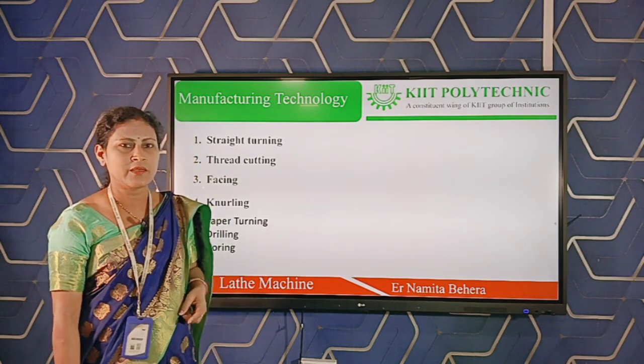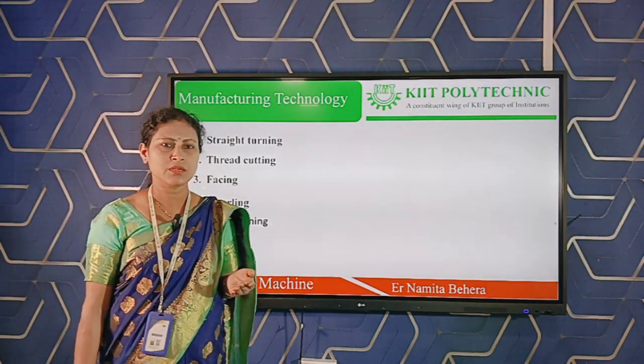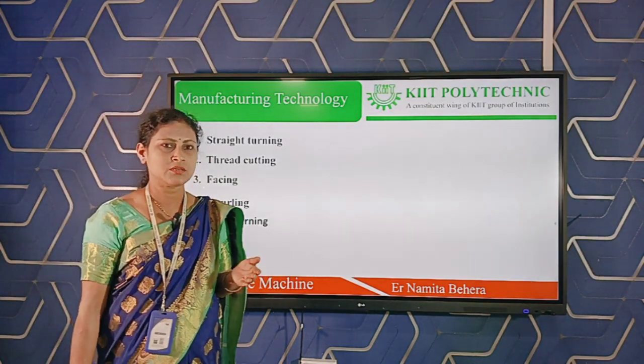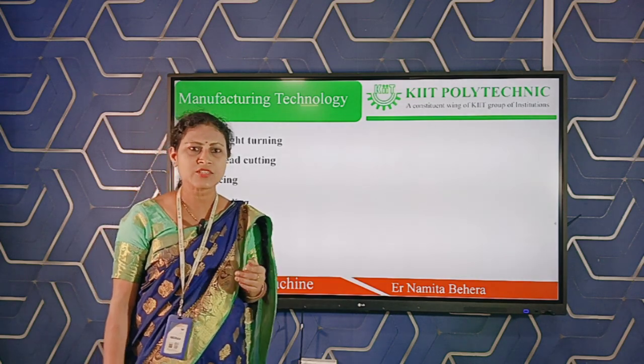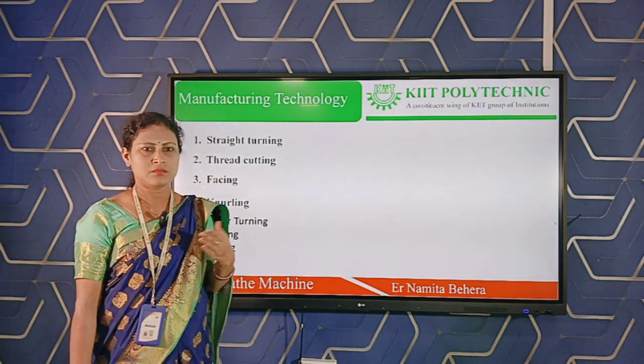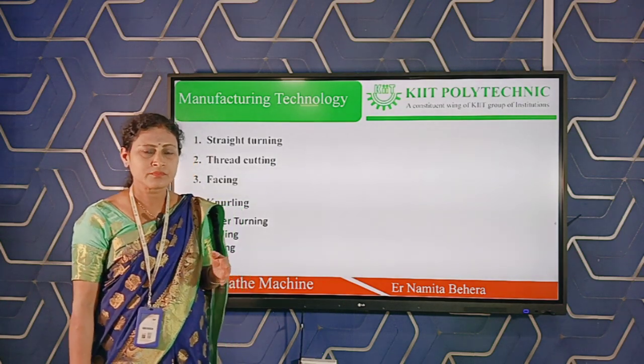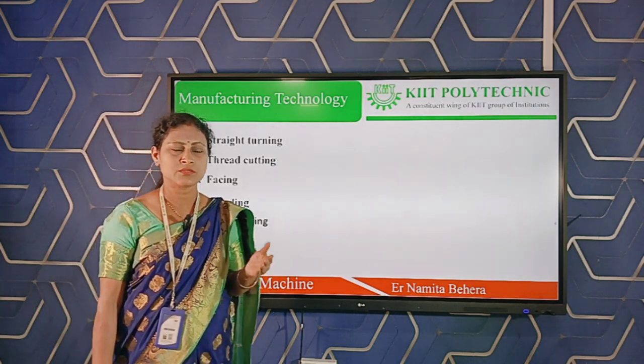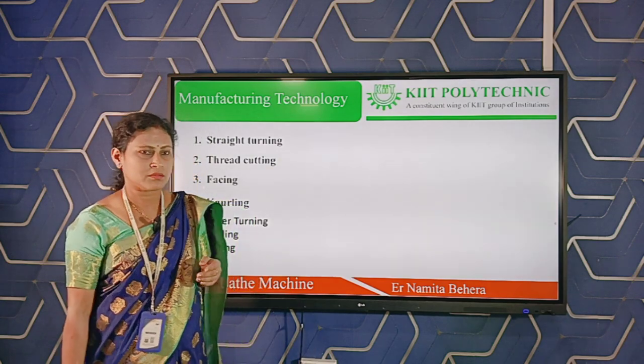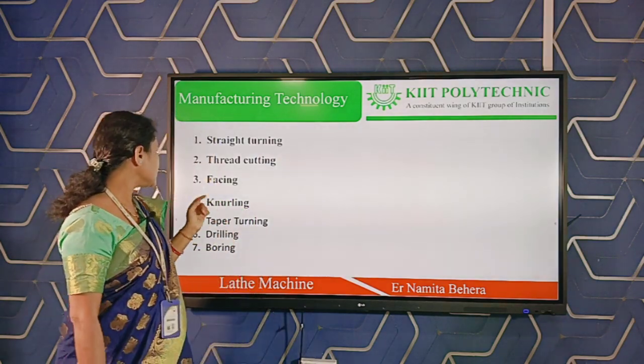What is facing? Facing is an operation for generation of a flat surface which is perpendicular to the axis of rotation of the spindle. So it is called facing.